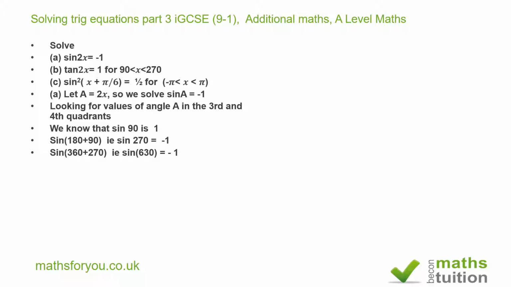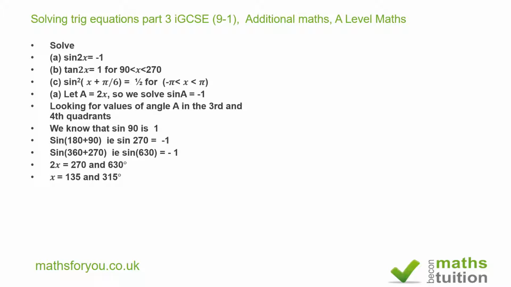Now you can check it out yourself. So we now have that 2x has got values of 270 and 630 degrees. If we then halve both sides, or divide both sides by 2, we end up with x having values of 135 and 315 degrees. And those should be your answer for the first one.